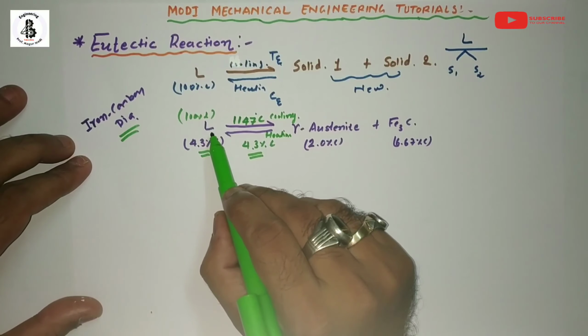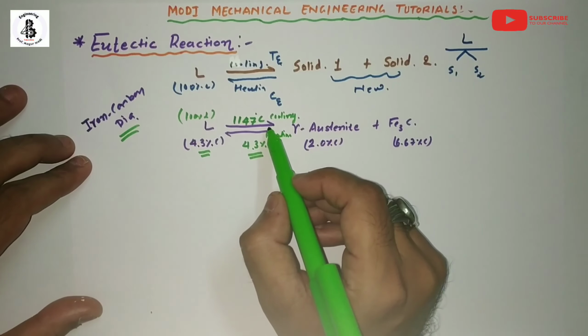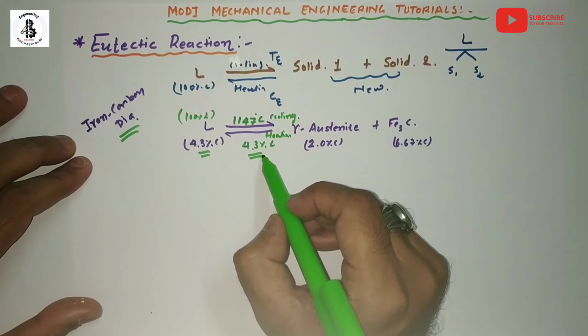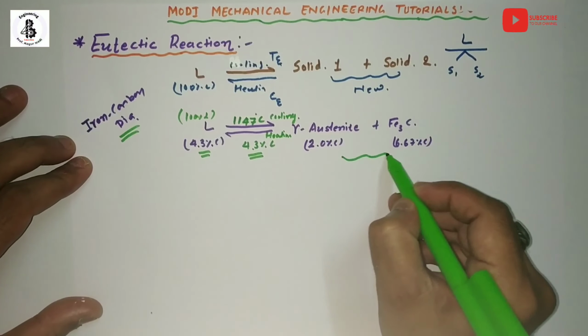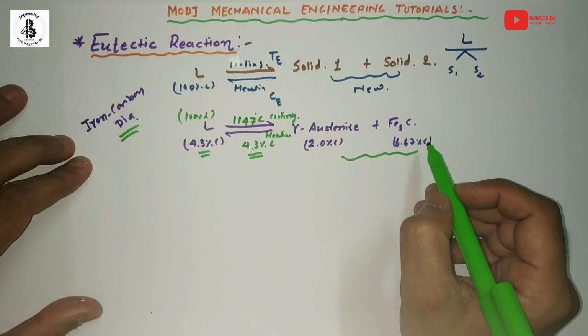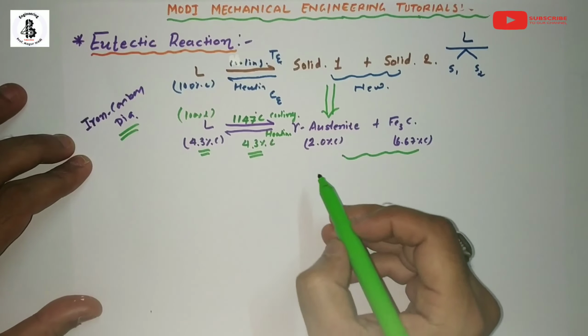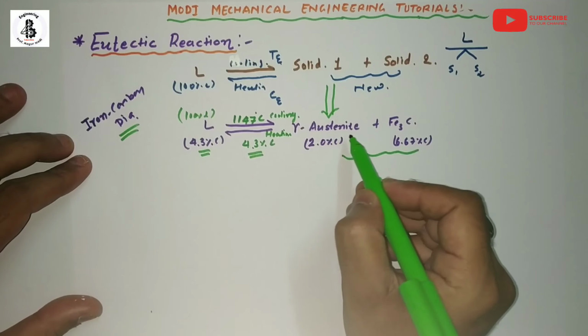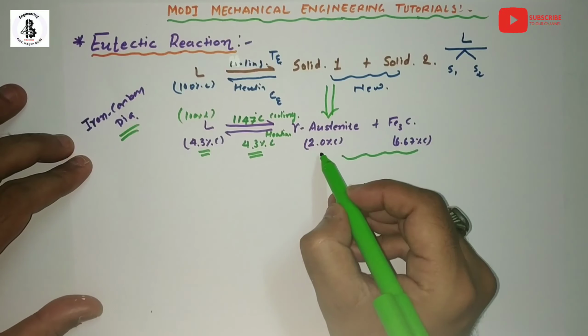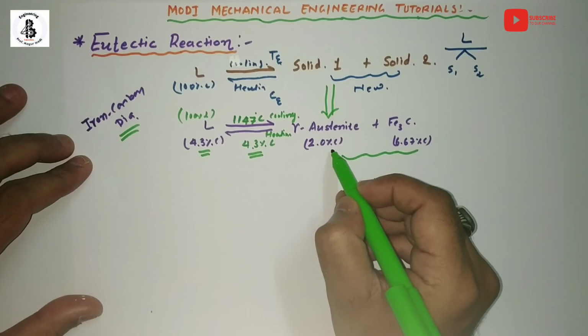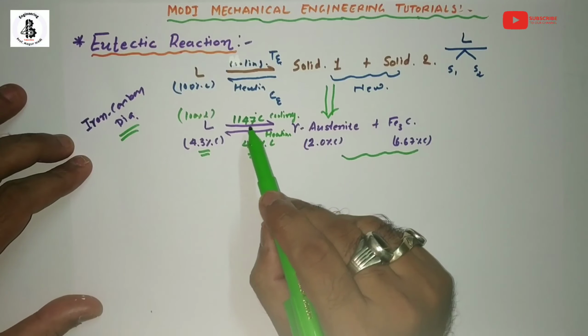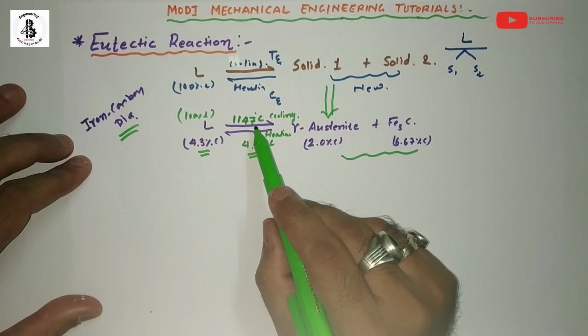So 100% liquid at this set of temperature and composition converts into two new solids. Solid 1 for the iron carbon diagram is gamma austenite, which has a maximum solubility of up to 2% carbon in the temperature range of 1147.